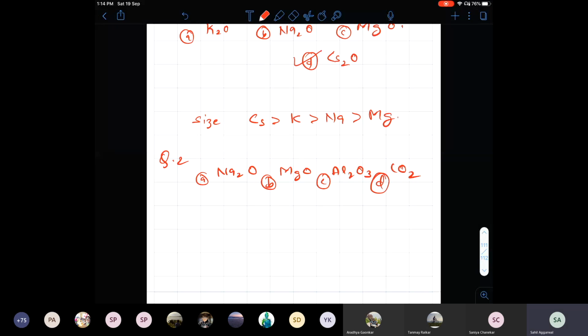Amod, how is it C? Shifa, how is it C? Do you know these charges? Shifa, do we know these charges and do we know as the positive charge increases, size decreases?